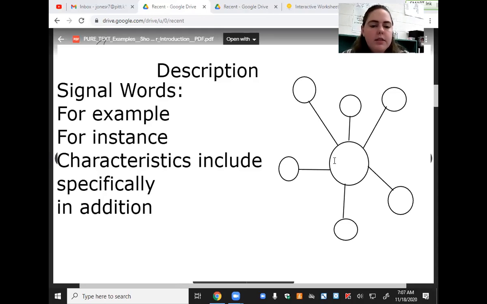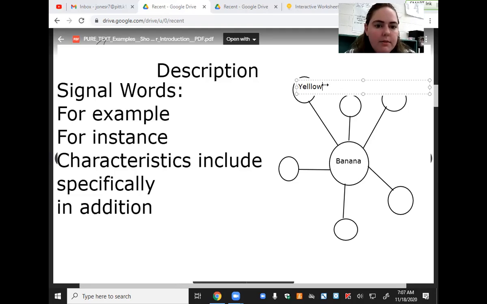So let's say I'm going to describe a banana. Let's make this smaller. So banana, right? I'm going to describe a banana. What are some characteristics of a banana? Well, what color is a banana? It's yellow, right?